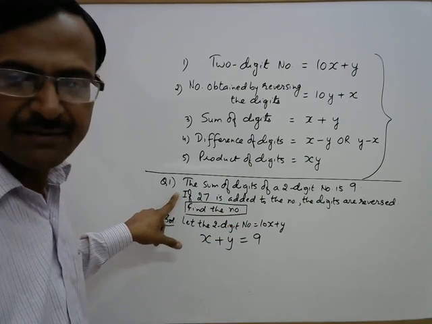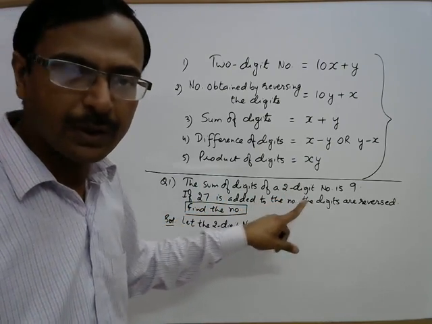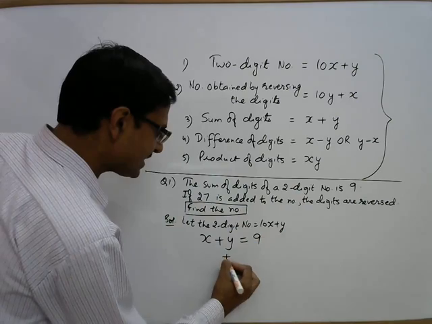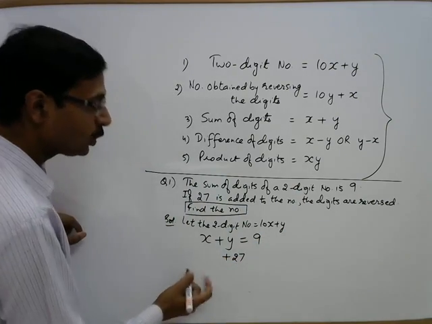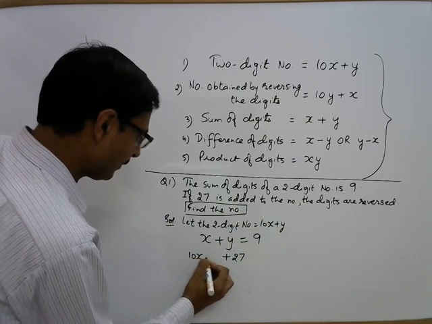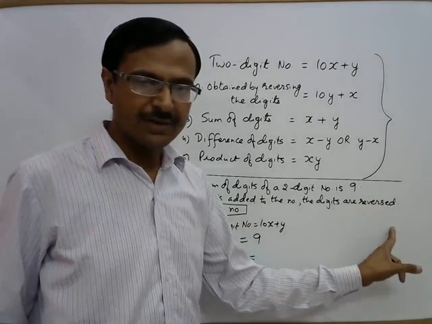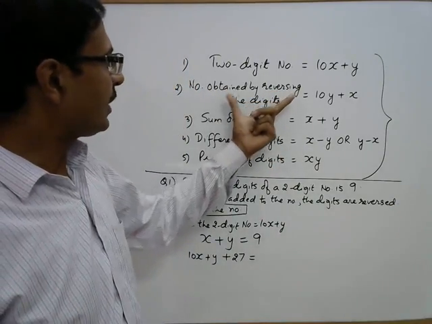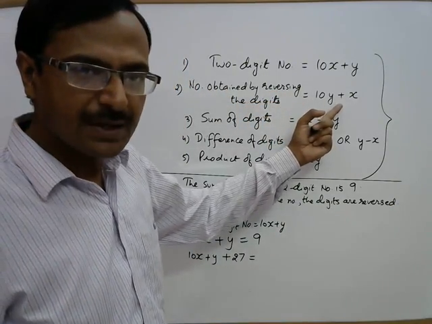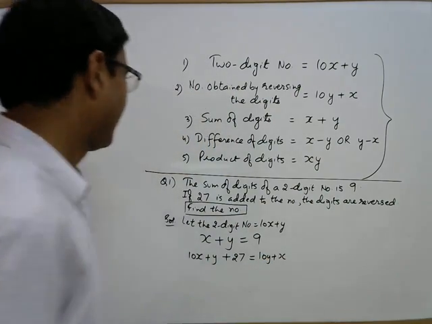If 27 is added to the number 10x plus y, what happens? The digits are reversed. What is the number obtained by reversing the digits? It is 10y plus x. So we will write 10y plus x here.